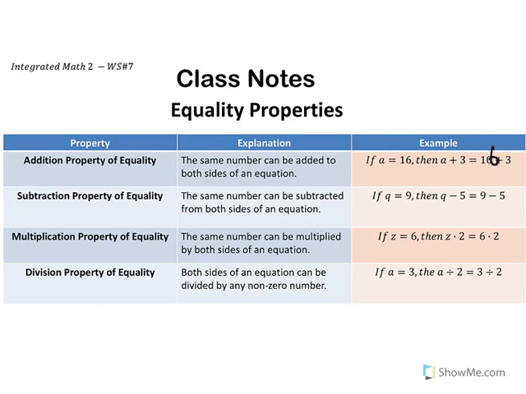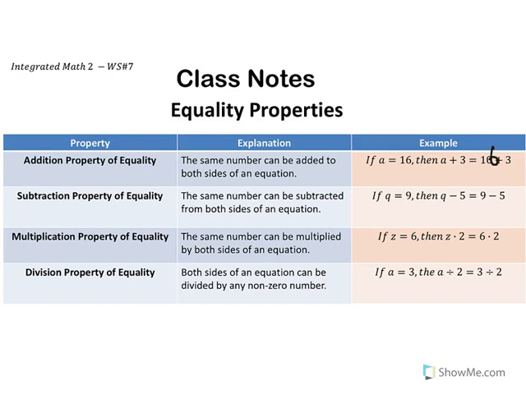The second property is called the subtraction property of equality. The same number can be subtracted from both sides of an equation. So if q equals 9, then q minus 5 is equal to 9 minus 5. Multiplication property of equality: the same number can be multiplied by both sides of an equation.